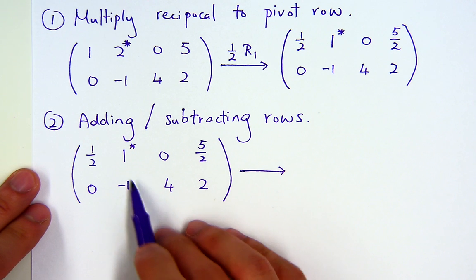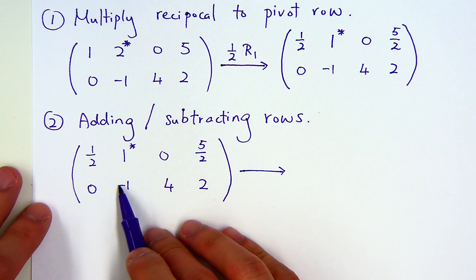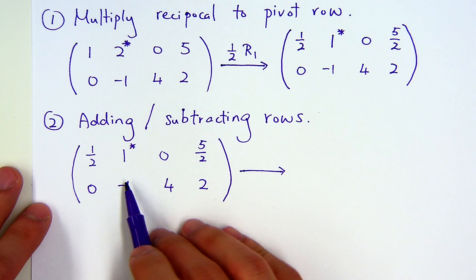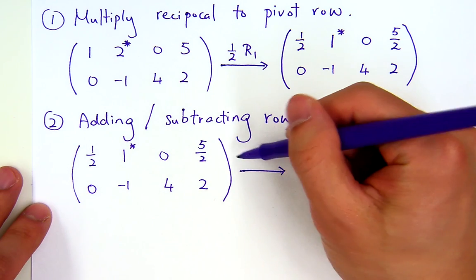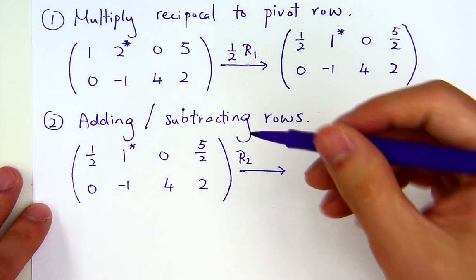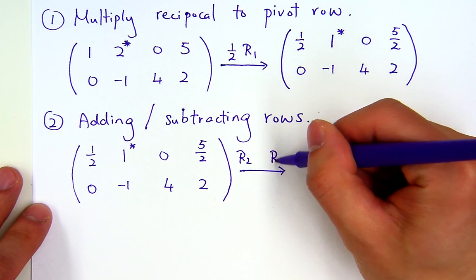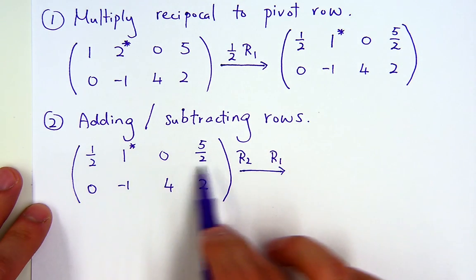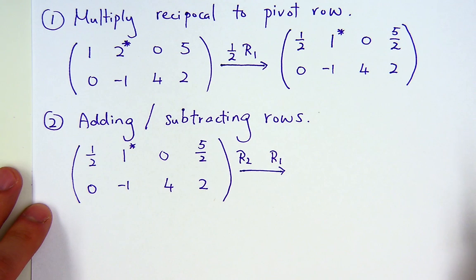Well, we are going to change this entry into a 0, and this entry is in row 2. So we first put down R2, indicating that we need to change R2, the row number 2. And we always put down the pivot row, R1, behind.